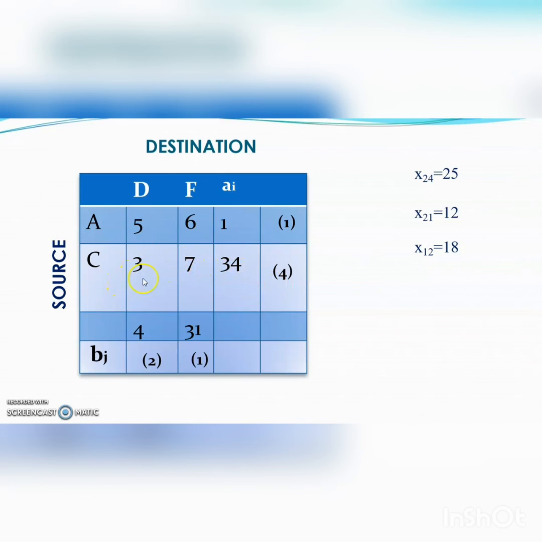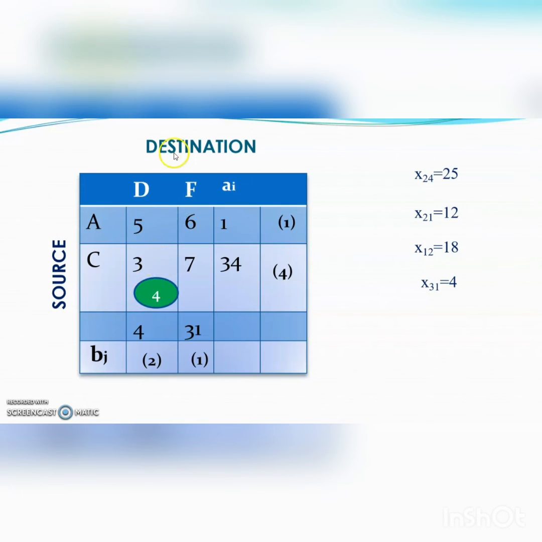Here we see that the minimum cost occurs in the cell 3-1, and so we allocate here. We can allocate 4 units in this cell, as 4 is the minimum of availability and requirement. And the value of the decision variable x31 is 4.